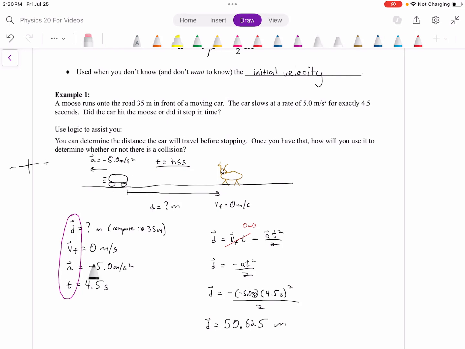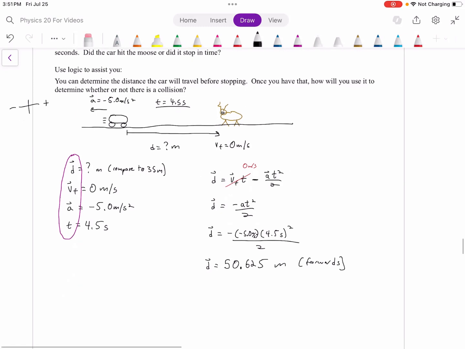So by saying this, we are saying that the initial velocity we're calling positive so that it can slow down. Now, if it was moving forwards, well then it should have gone through a forwards displacement. So this is a good sign that we got a positive there. If we got a negative, we would know somewhere we did something wrong. Okay.